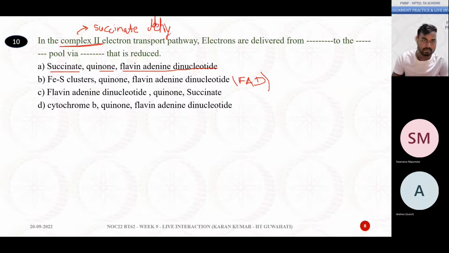So option A is correct in this statement, where in the complex 2 electron transport chain, electrons are delivered from the succinate to the quinone pool, quinone being the Q cycle molecule, by the flavin adenine dinucleotide, and in this process FAD gets reduced to produce FADH2. Here option A is correct.